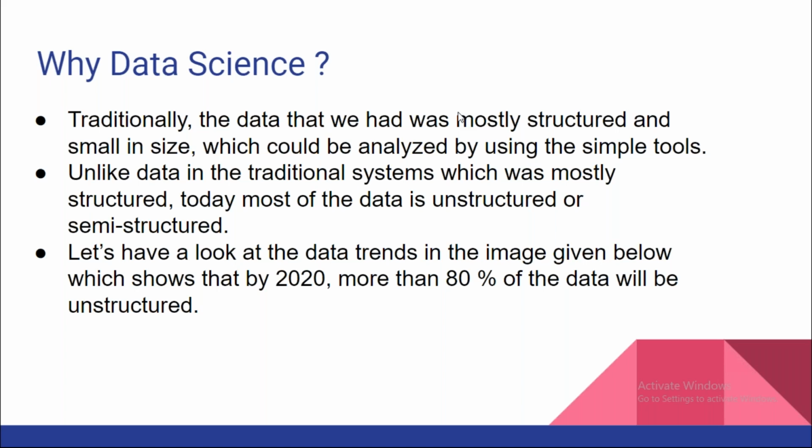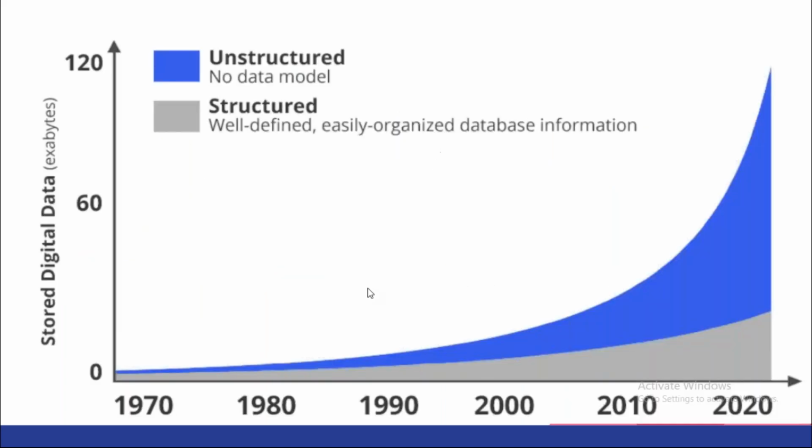So what do I mean by unstructured data? Unstructured data would be data generated from IoT devices, from electronic devices, transactional data, that do not follow a particular structure and do not have a schema. So let's look at the growth of the data, how unstructured and structured data are growing till 2020, by this graph.